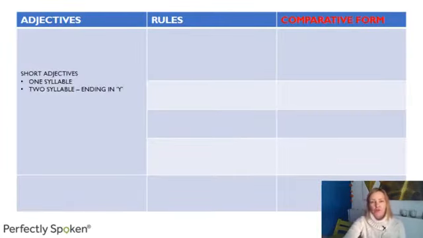Okay, so let's go back to the screen now, and I'm going to show you the rules. So you've got short adjectives, so, for example, tall, small, big. So short adjectives of one syllable or two syllables ending in Y. And then you've got long adjectives, which are adjectives of two syllables or more, unless they end in Y. Okay, don't worry if it sounds confusing.